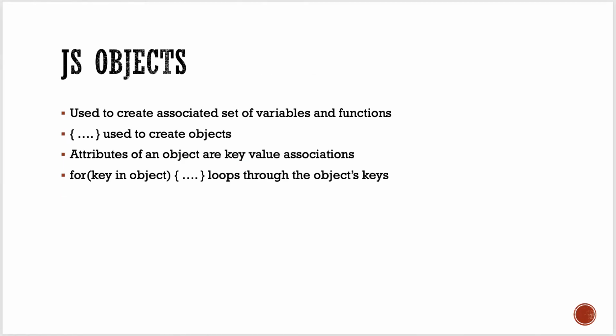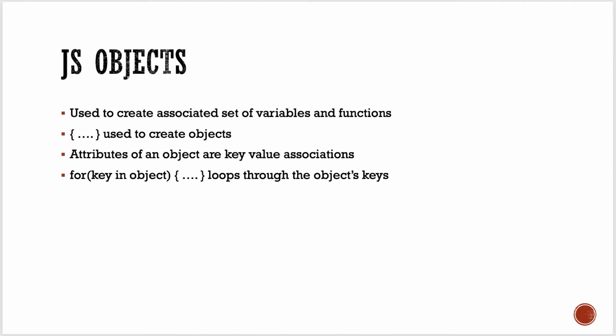The next important topic that we should consider is JavaScript objects. Now, JavaScript objects are very similar to objects in other programming languages in that they allow us to encapsulate a related set of attributes and methods.